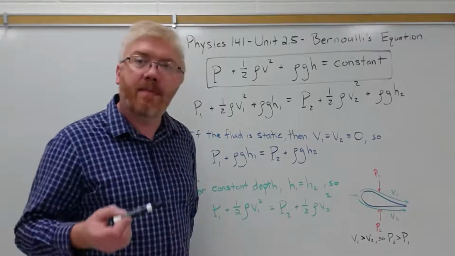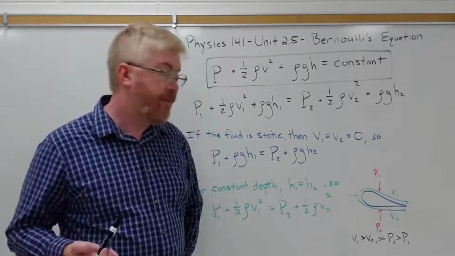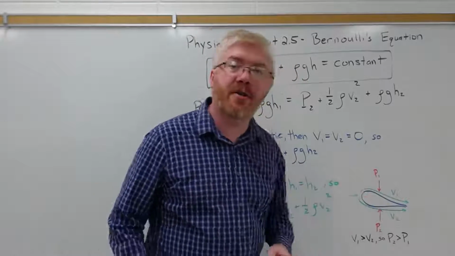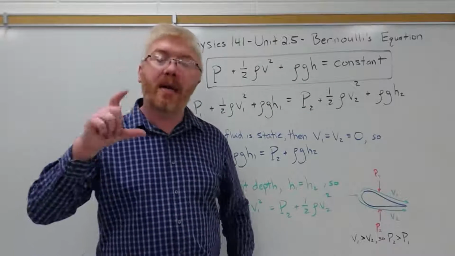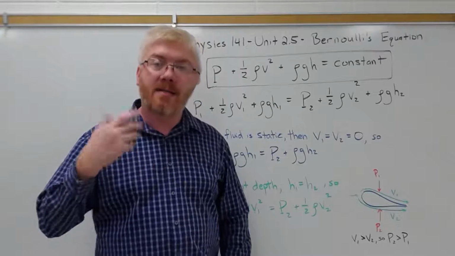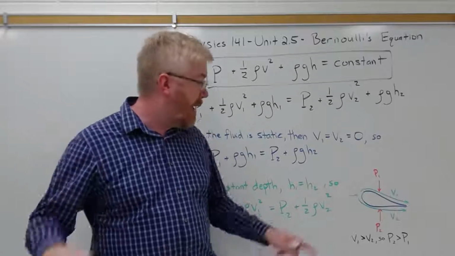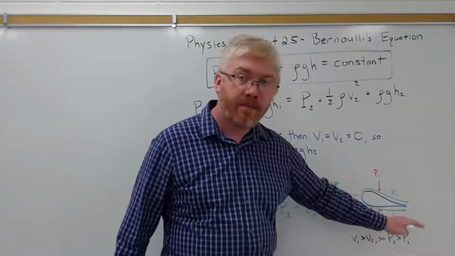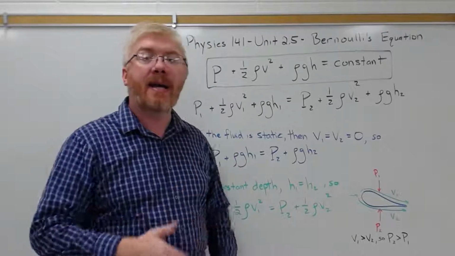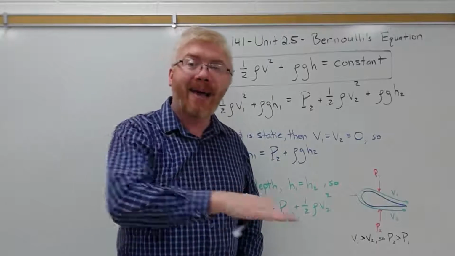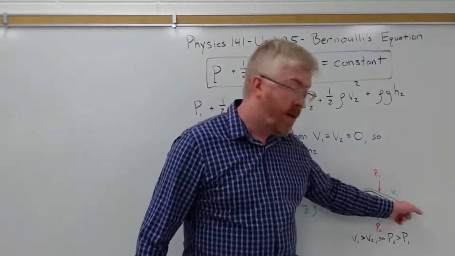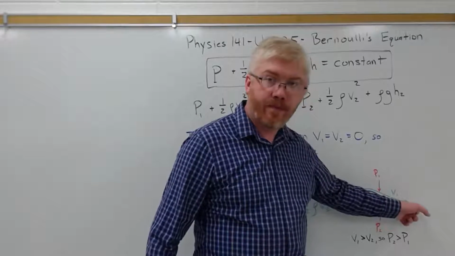Well, this actually helps with airplane wings. So this is the cross-section. The blue here shows a cross-section of an airplane wing. An airplane wing is a specially designed system where when air hits the front of the wing, it can either go above the wing or below the wing. If it goes above the wing, it actually has a longer path to take to get to the end of the wing than if the air goes below.